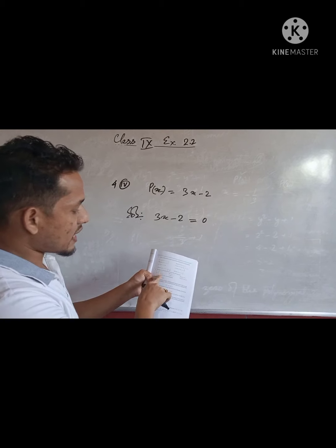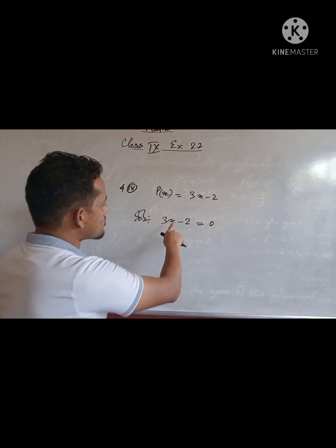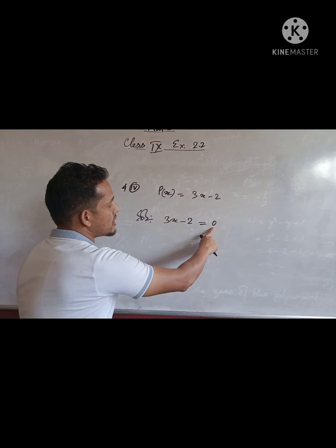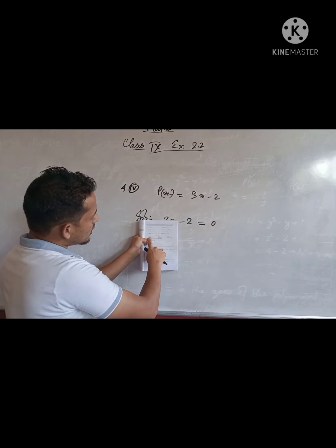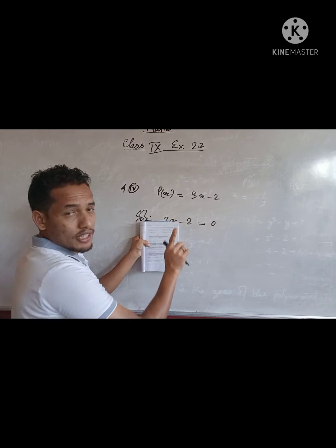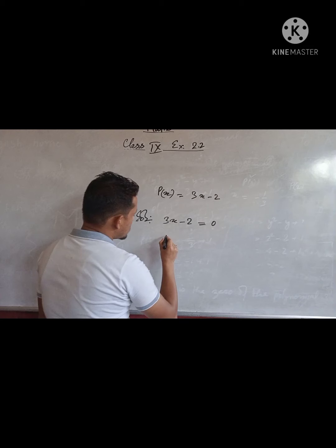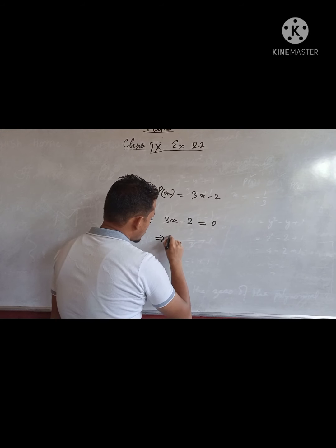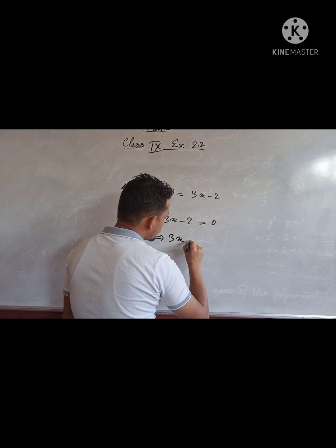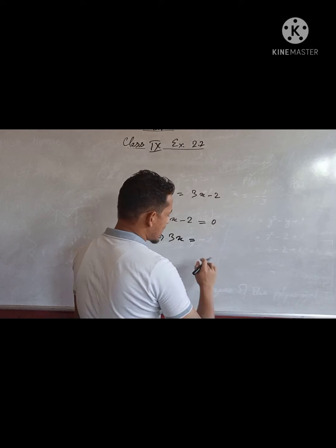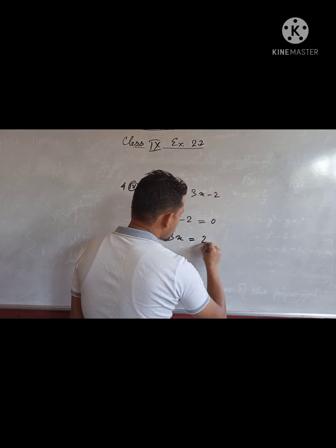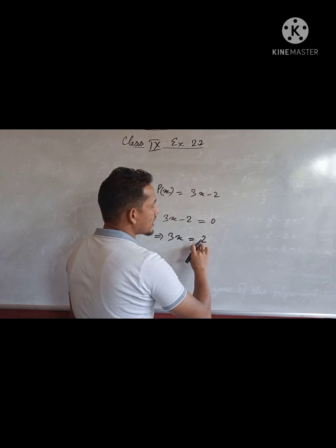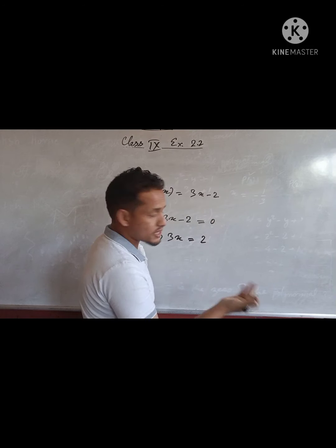Because we are going to check what is the zero of the polynomial, means what is the value of x. So we will be using 0, because the question is find the zero of the polynomial. Then now you see in the next step 3x will remain the same. You take this 2 to the right side. It will become plus 2. This 0 no need to write, because 0 plus 2 will remain the same.